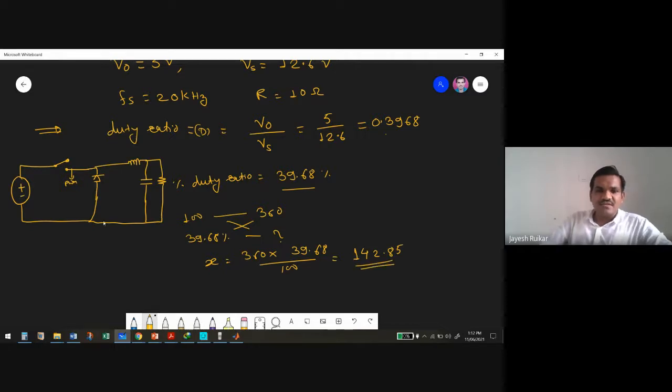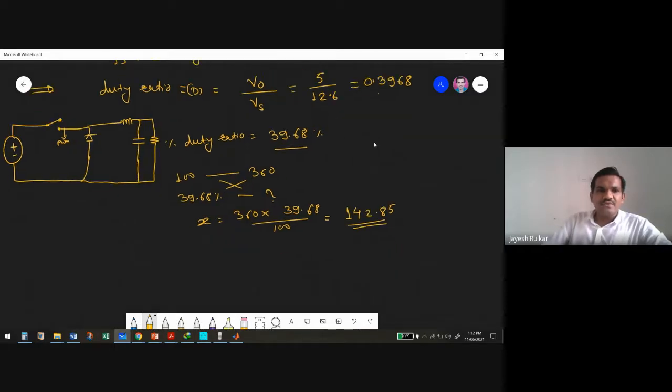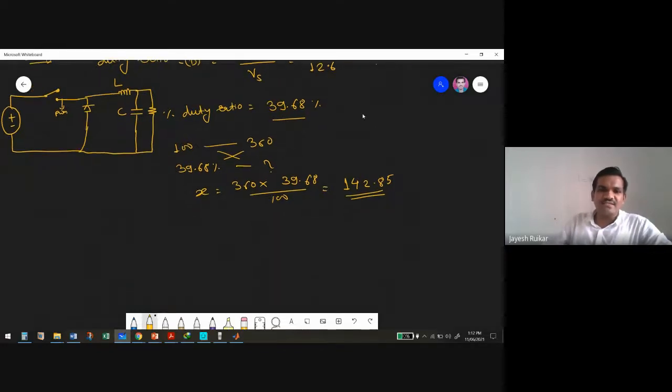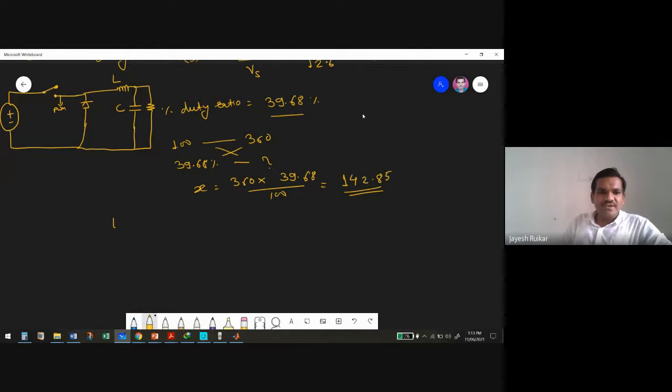Now we need to calculate the value of the inductance and the capacitor. For the inductance value, we have a formula: L minimum equals (1 minus D) times the resistance value, whole divided by 2 times the switching frequency.